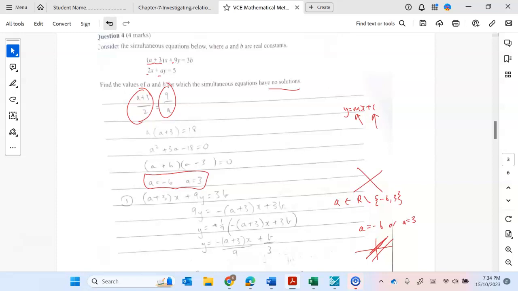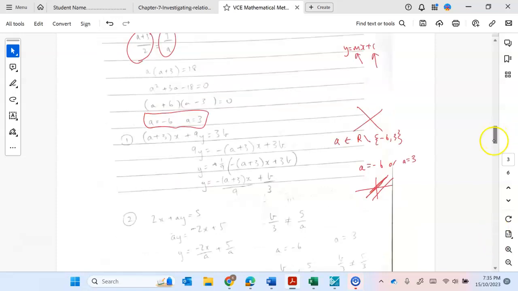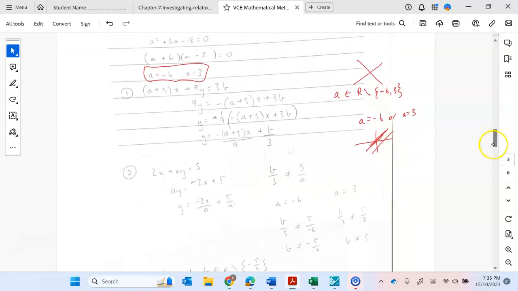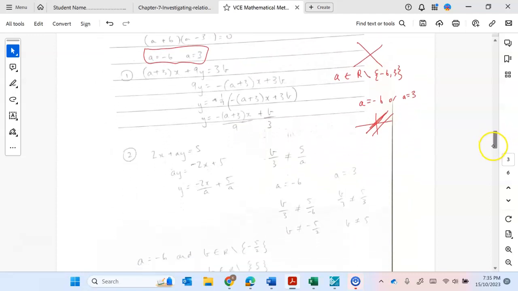Now, usually we would then do the constants, so 3b over 5. But because a is not a part of that, there's no way to get a value of b, basically. So what we need to do is, you can see, I've then gone ahead and rearranged the equations into the form y equals mx plus c, which we've got here and here.